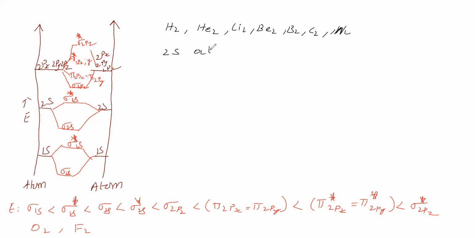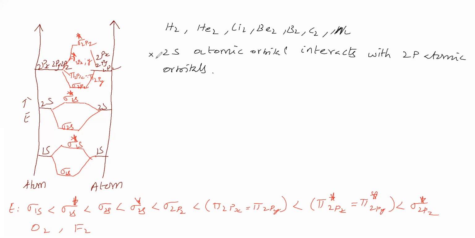the 2s atomic orbital interacts with the 2p atomic orbitals. Interaction is possible for these cases, from hydrogen to nitrogen: the 2s atomic orbital interacts with the 2p atomic orbital. Why not for O2 and F2?